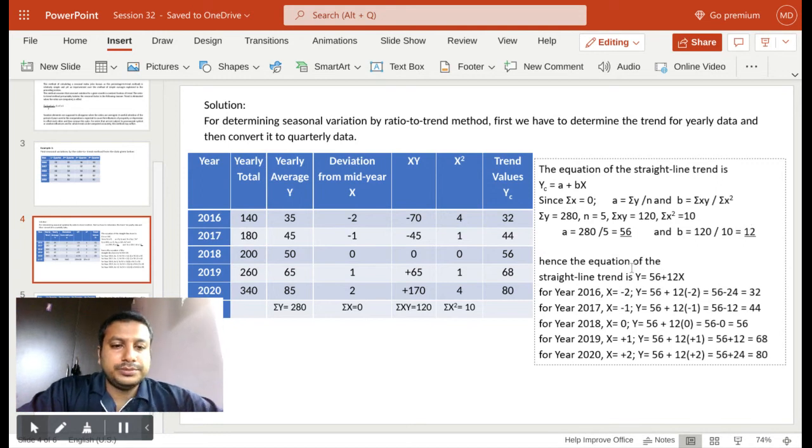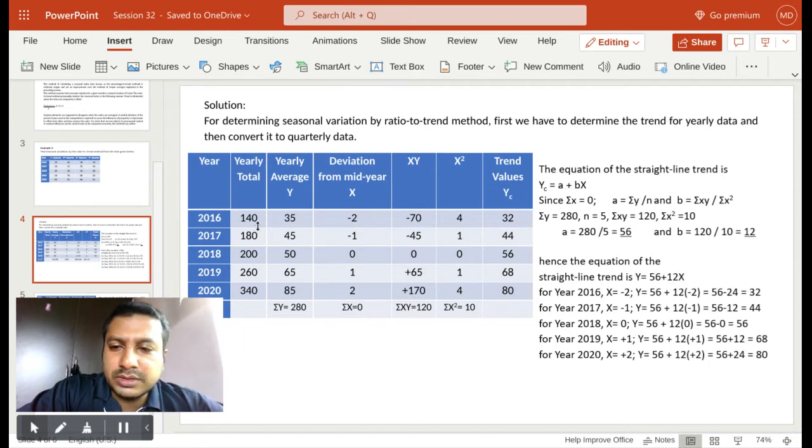Okay, now the equation. With the help of the equation, 56 plus 12x. Wherever x is there, you have to use these deviation values: minus 2, minus 1, 0, 1, 2. The same equation we have to use for 16, 17, 18, 19 and 20. Okay, 56 plus 12 into minus 2, we'll get minus 24.